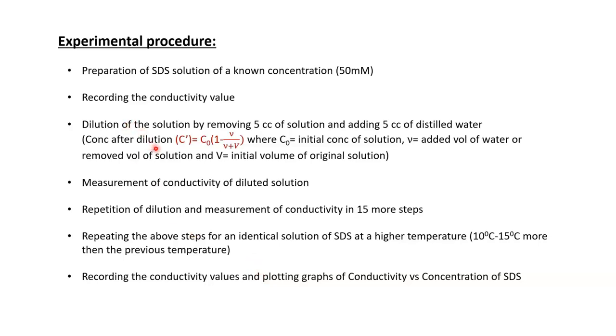So the concentration after that dilution can be given as C dash is equal to C naught multiplied by (1 minus small v by capital V plus small v), where small v is the volume of water added or the volume of solution removed, and capital V is the initial volume of solution taken, and C naught is the initial concentration, which in the first step is 50 millimolar concentration.